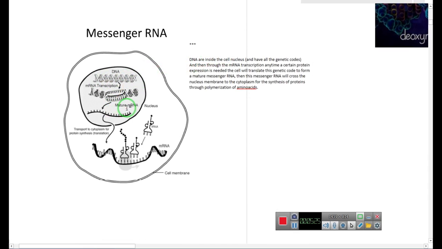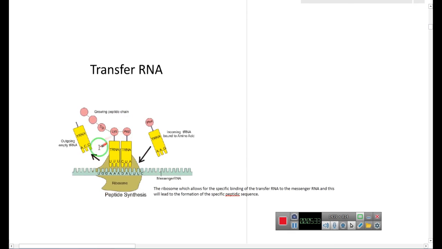A mature messenger RNA, which is a copy of this, will be formed, and it comes out, and by the help of this messenger RNA, through a transcription process, this process is called a transcription, that the ribosome will help the mRNA and these tRNAs to be connected to each other to help for the formation of a certain sequence of the amino acids.